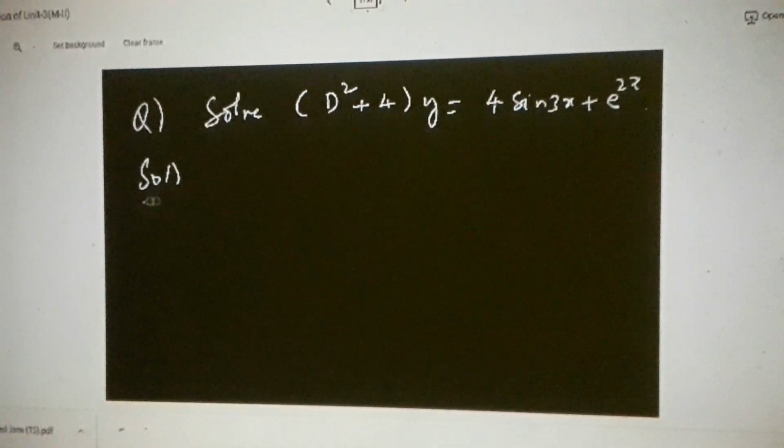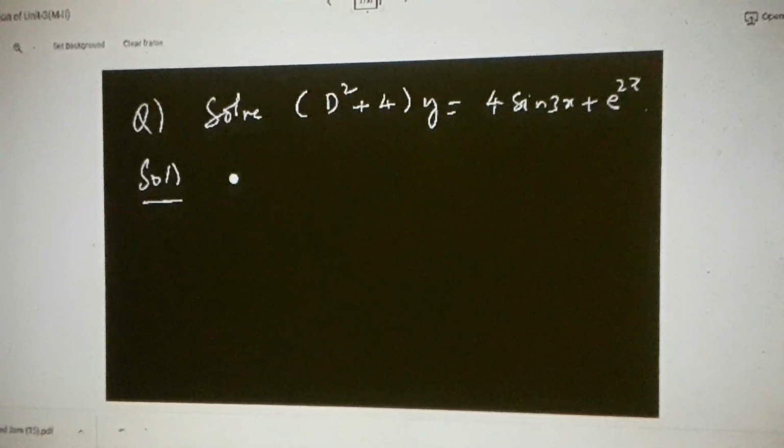Solution. In this problem's solution, I would like to tell how the solution appears in a broader sense. Then I will discuss other situations where instead of sin 3x, something else comes, and instead of e to the power of 2x, some other function of x comes here.